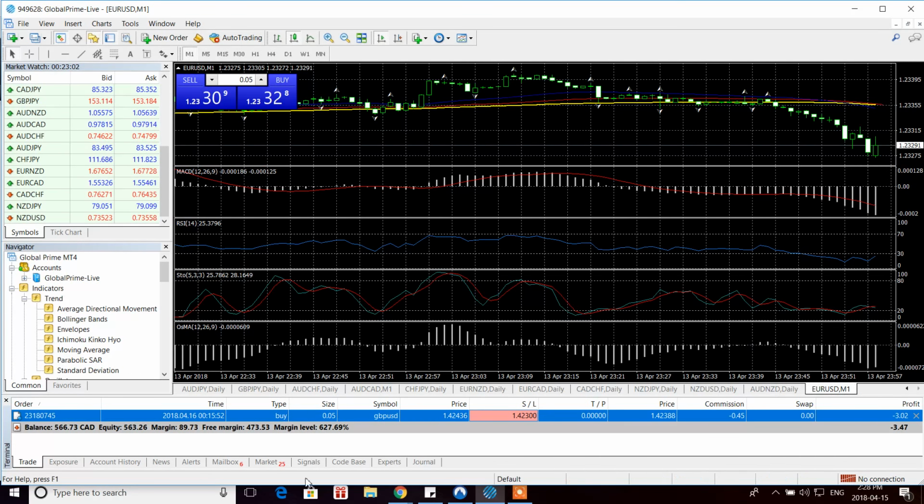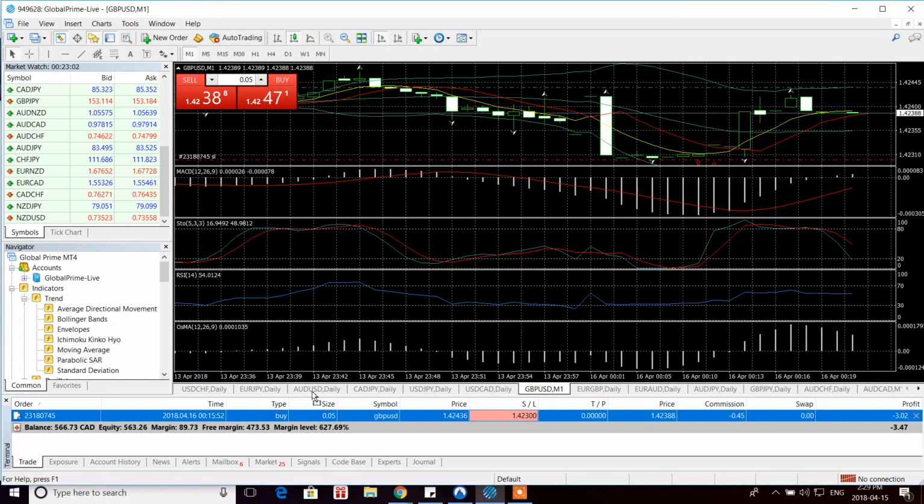So let's go back to look at the one that we got into, which is the Great British Pound USD. And we've already got into that trade. Okay, where is that? Let's pull this over. You can pull this over like this and put it over at the front. Okay, here it is.